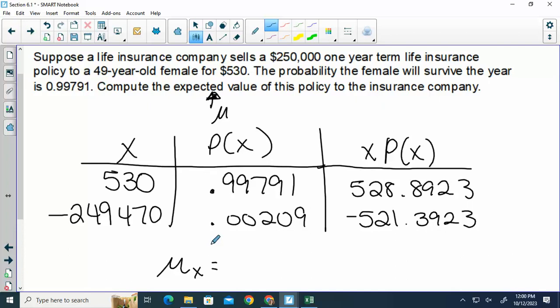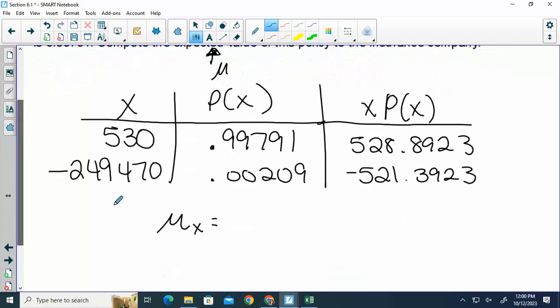And how much money are they expecting to keep? $7.50. Now, does that work if they insured 10 people?